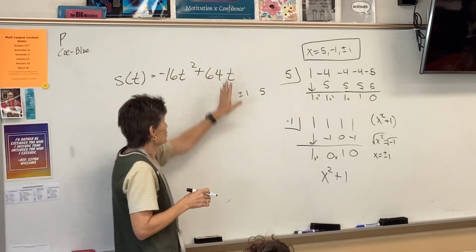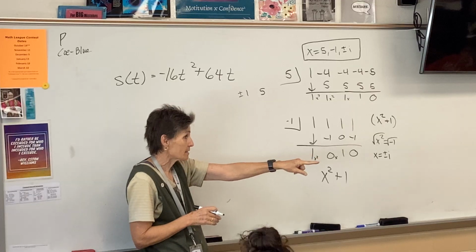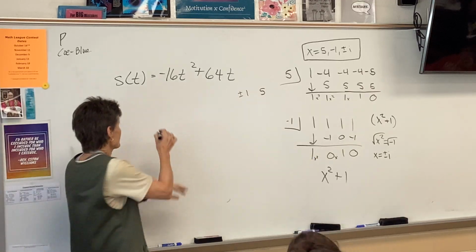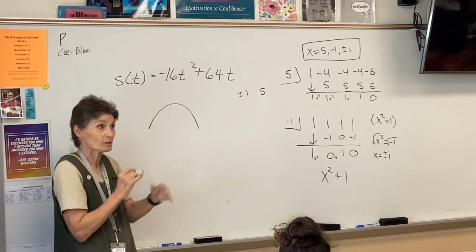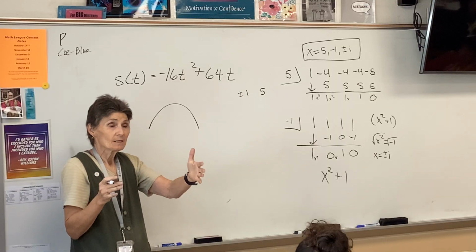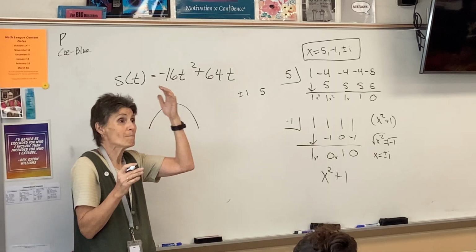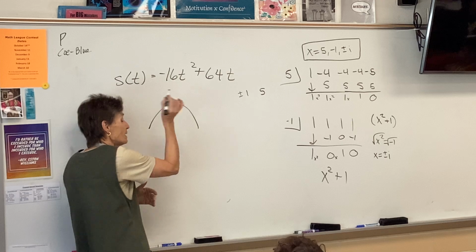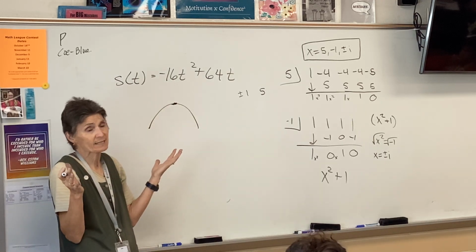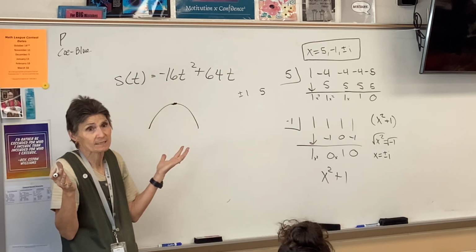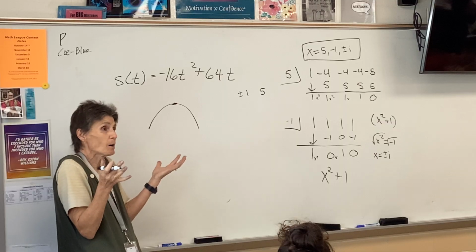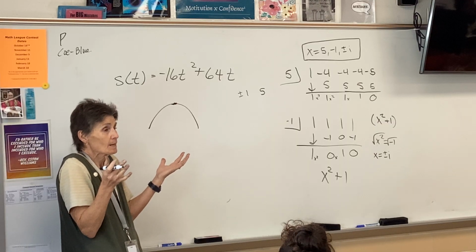But this shape is a quadratic, and with the negative, the picture looks like that. We're looking for the maximum. So all you need is the vertex. You're looking for the vertex. Don't overcomplicate the problem.